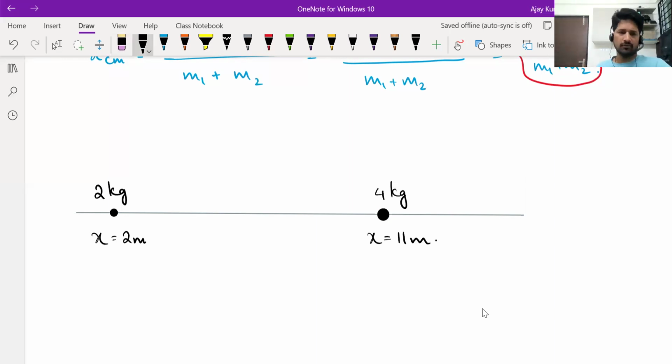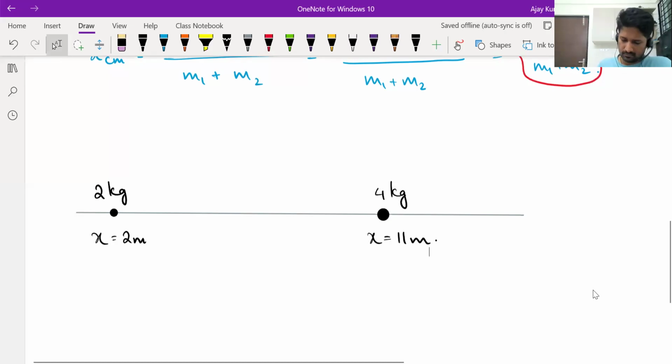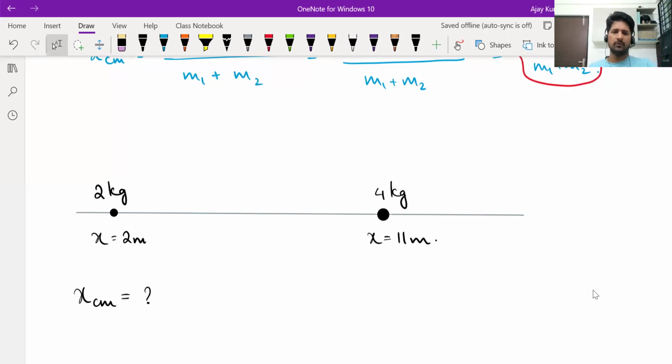Fine. I want all of you to solve this. You know the masses, you know their positions. Calculate the position of center of mass first. Make it fast. M1 x1 plus M2 x2 divided by M1 plus M2. Within 1 minute, all of you should type your answers. Simple calculation should not take that long.